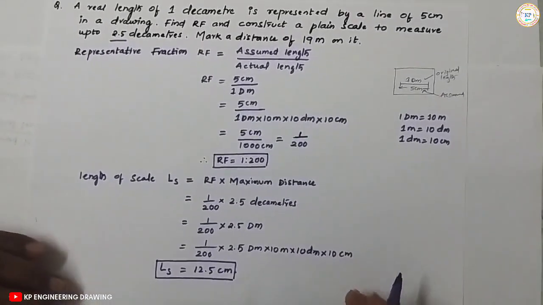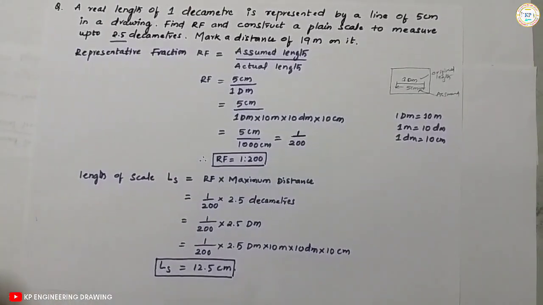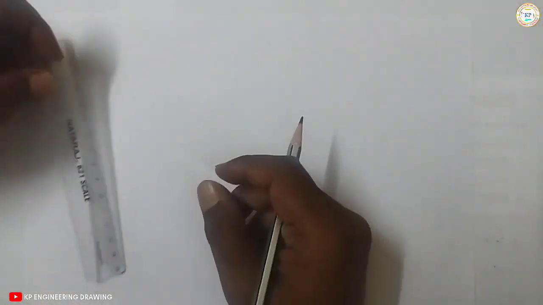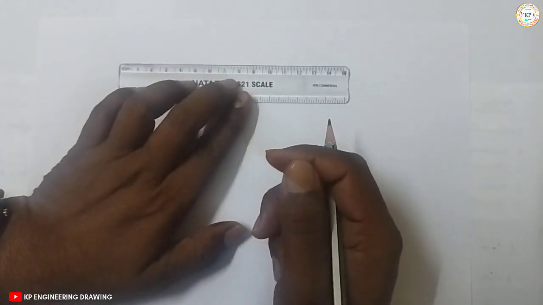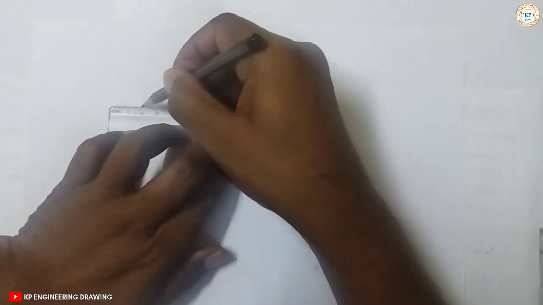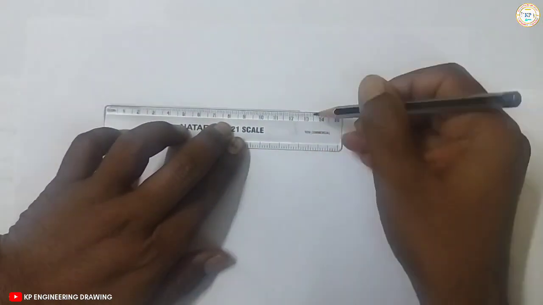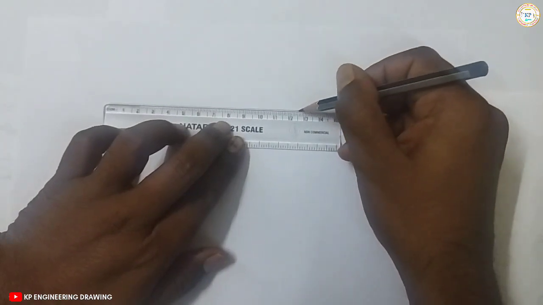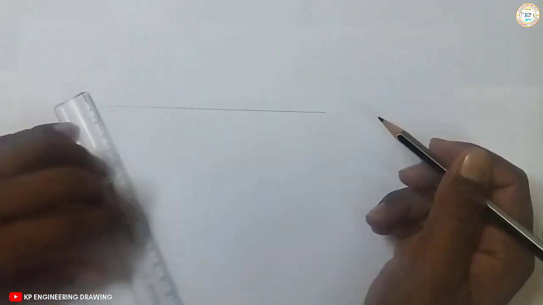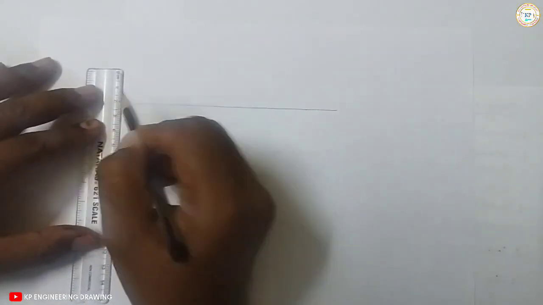Okay, so we got RF as 1:200 and length of scale as 12.5 centimeters. Now we'll construct a scale of 12.5 centimeters. And height of the scale, already I said that it is 10 mm.